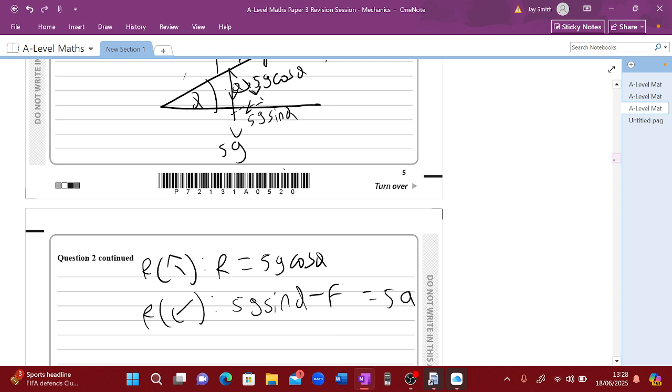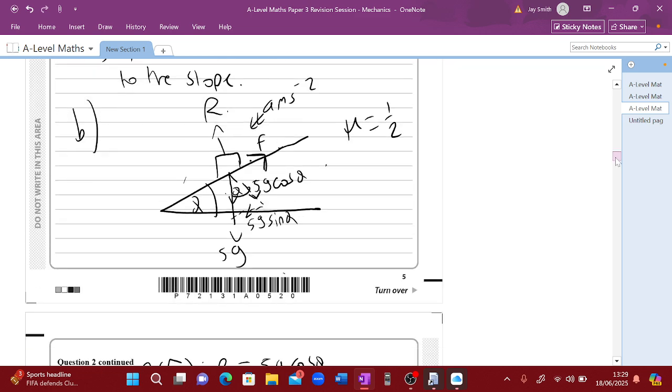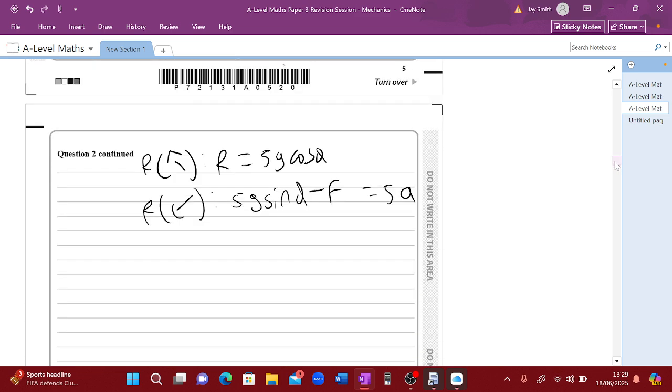It's not equal to 0 now. There is acceleration at play, so that's the key thing to remember here. Now we've got our equations again. We've also got F equals mu R, and mu is a half. So we've got three equations, like simultaneous equations again.